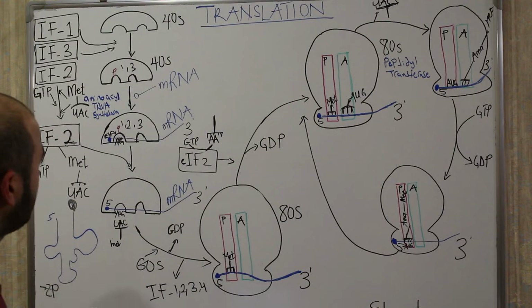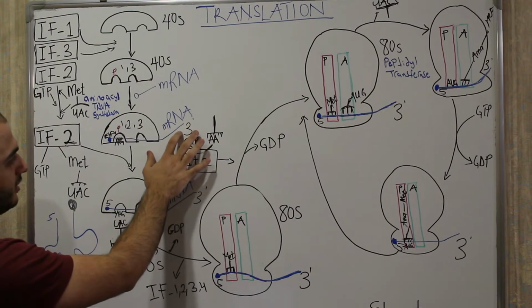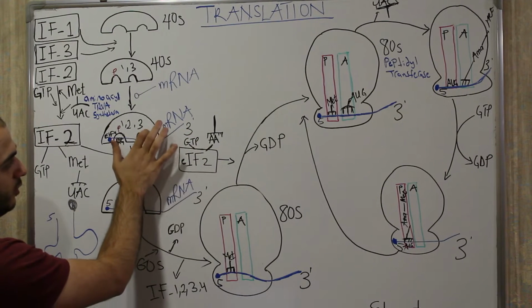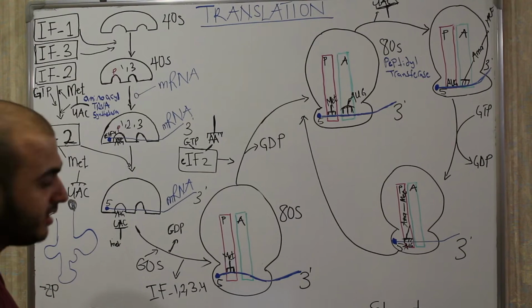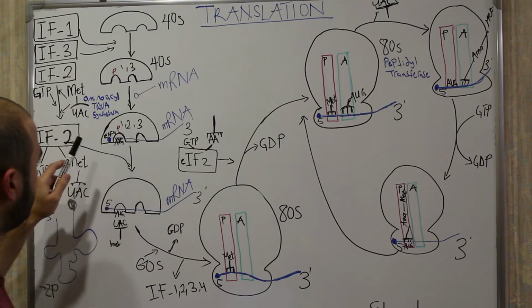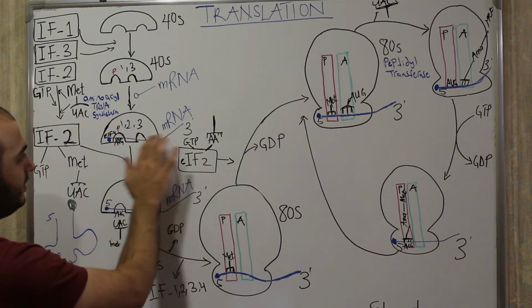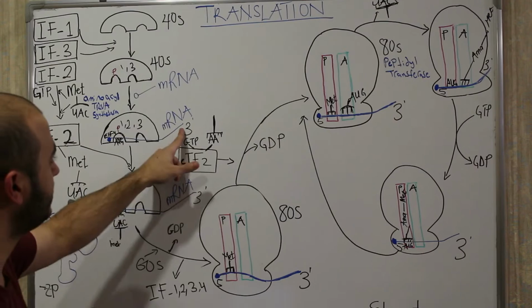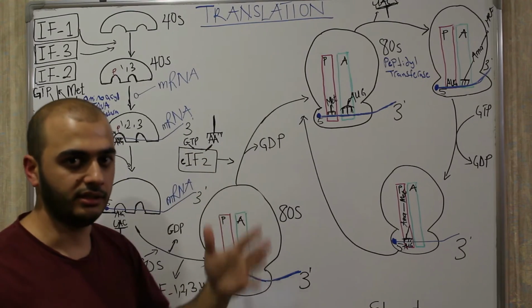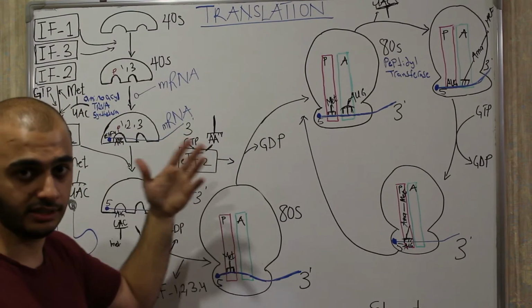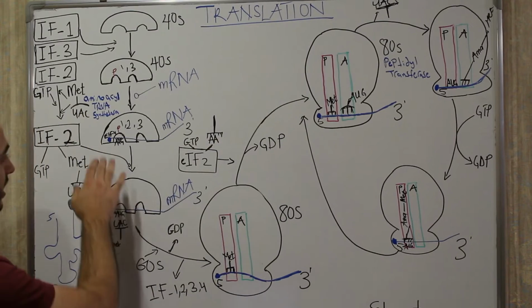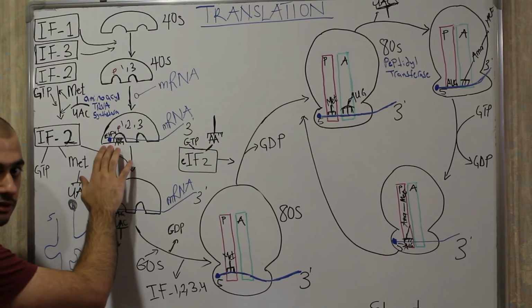Then, after that, mRNA should also be aligned to the small ribosomal unit, yes? And let me tell you that mRNA has a cap and a tail, yes? We know that the tail is actually a polyadenyl group, and the cap is actually 7-methylguanosine.